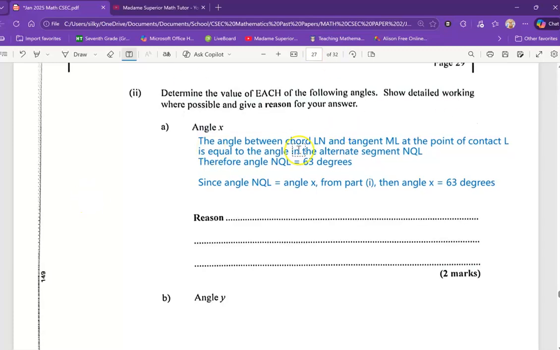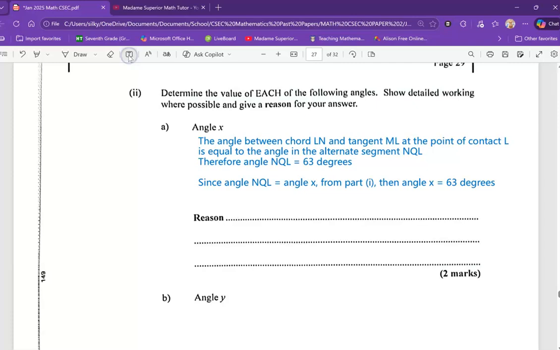Okay, so of course this space here is for your working. It's also for your reasoning. So you can write here as per the reason that you could put this circle theorem that I just typed here, the first theorem, and also you could repeat this theorem for part 1 in this space here, but I think this explanation is sufficient for the 2 marks.